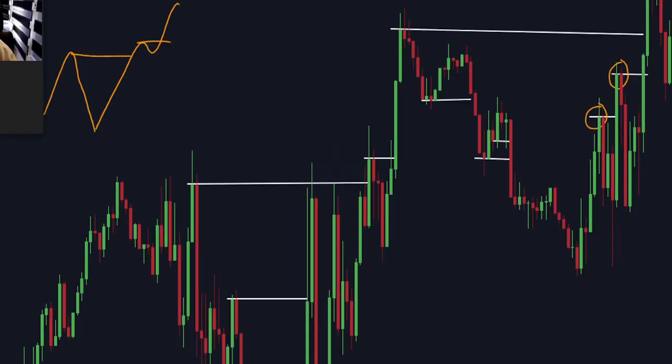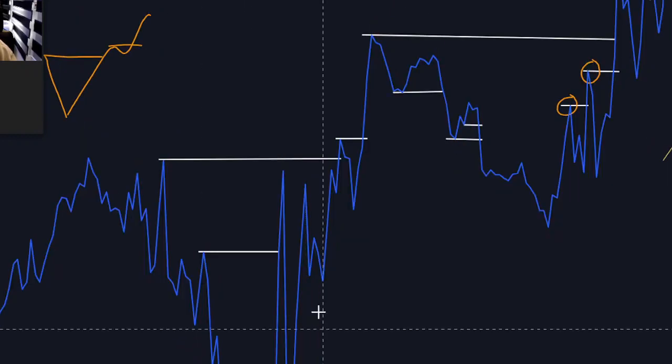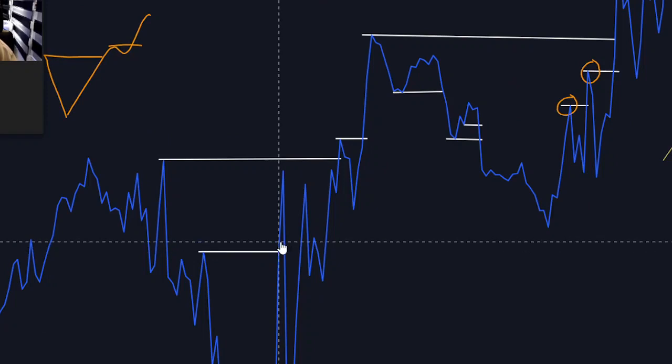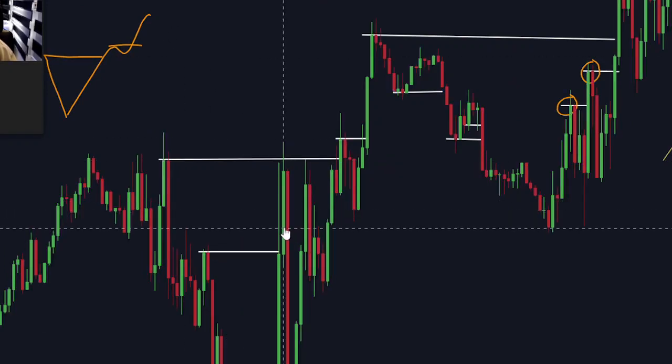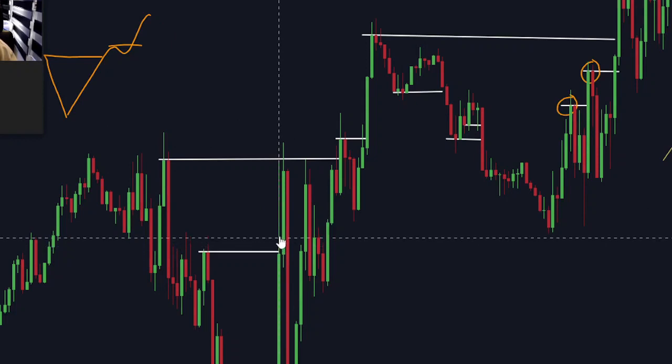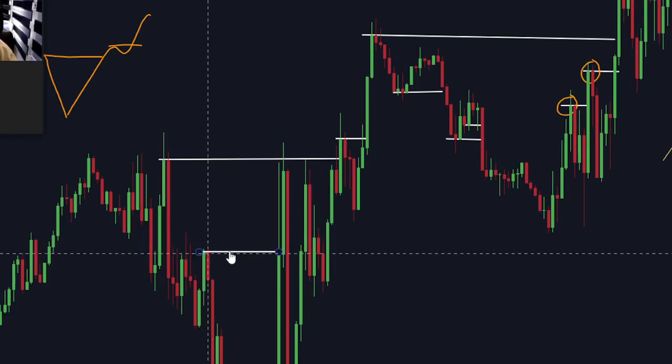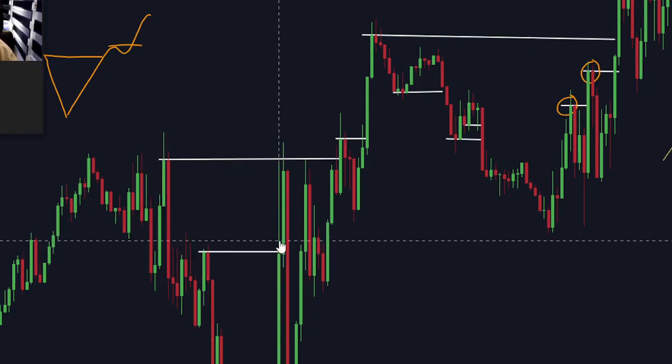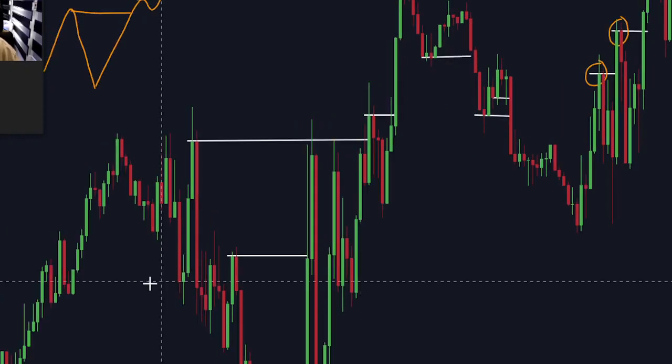If you put it in a line chart, you will not see that wick, you will just see the body of the candle. So even if a wick crosses it, it does not break the structure. It must break with the body, not with the wick. Do you understand?